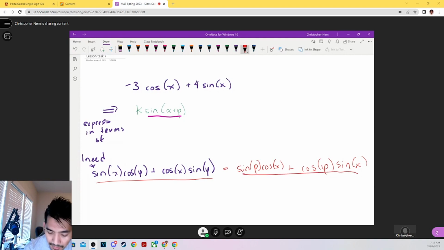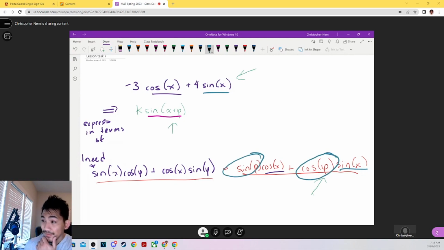I'm giving you this original expression, and I want you to convert it to this piece, but I need this to invoke the sum of sines. To invoke that theorem or property or identity, I need this kind of expression. Well, if you look at our problem, we have a cosine of x. We have that. It's right here. We have a sine of x. Boom. All I'm missing is a sine of phi and a cosine of phi.